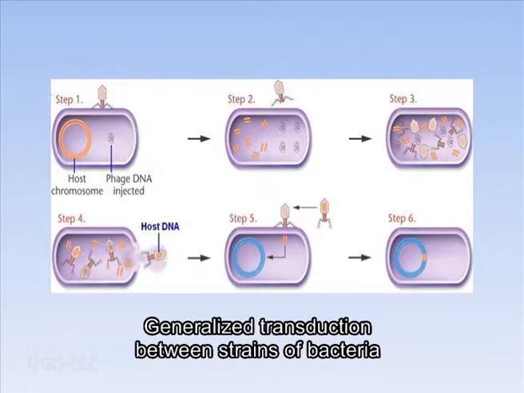The phage lysate infects another recipient cell, say, one which has the genotypic composition of A minus. The transducing phage, in this instance, is carrying part of the DNA of the donor chromosome which is positive for the A genotype. So as a result, what will happen?